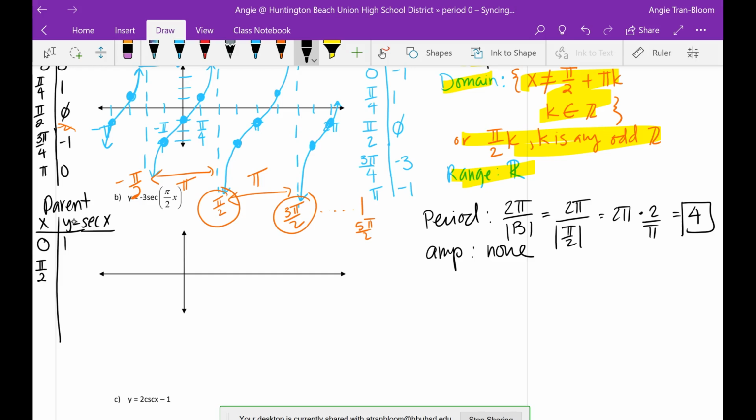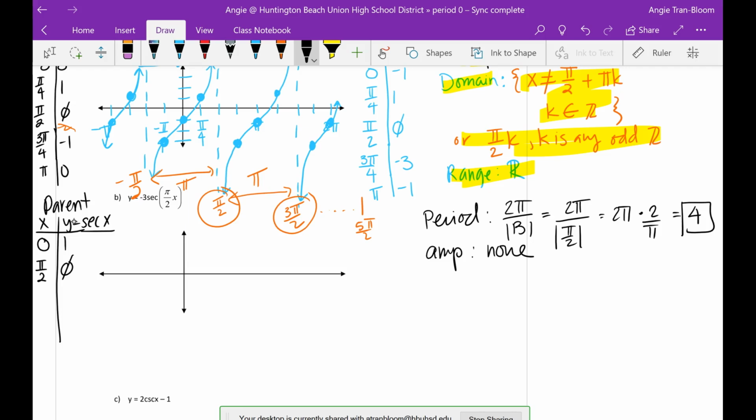Pi over 2, comma 0. Do you guys agree for secant? Cautiously. Do we agree for secant? At pi over 2, cosine is 0. But secant, what happened when you take the reciprocal of 0? It is now an asymptote, undefined.